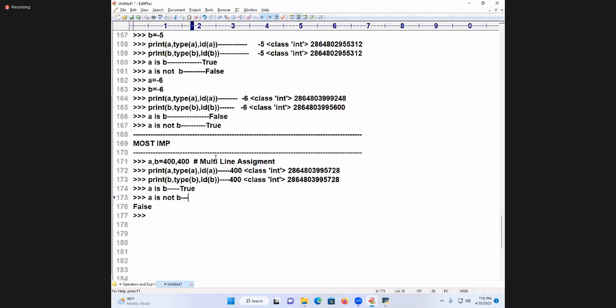Take care. Now I am going to take up one more type of question. A is equal to 1.2, B is equal to 1.2. What is A is B? False. A is not B means true.